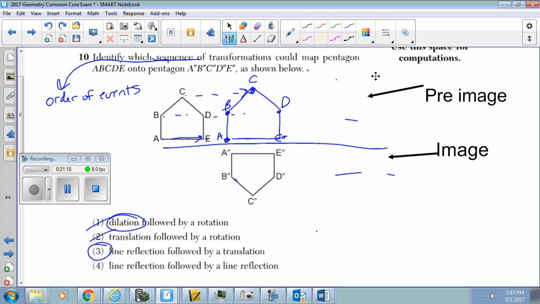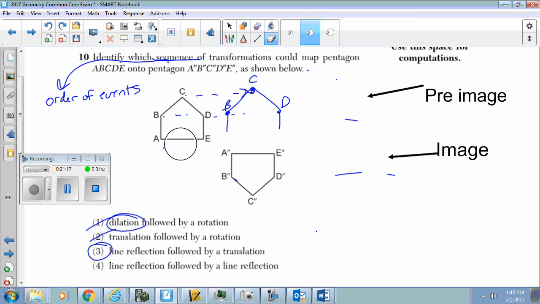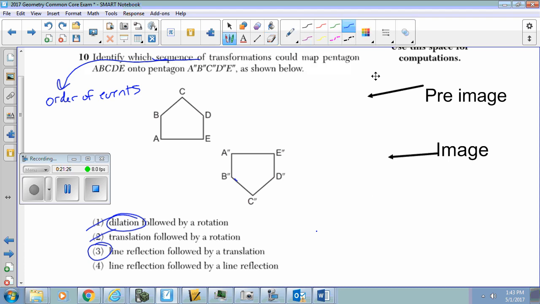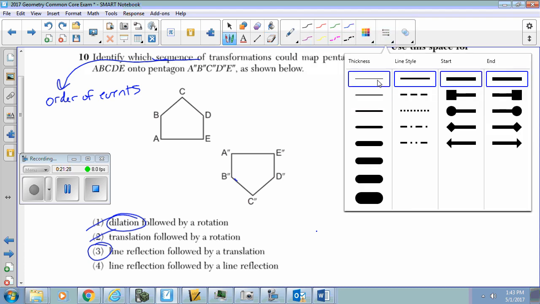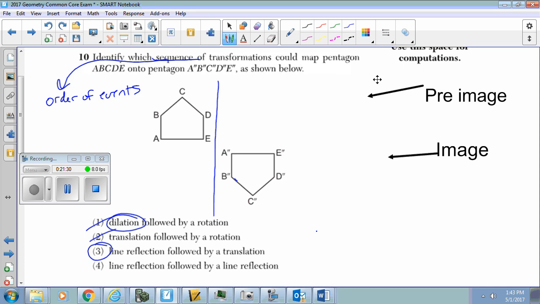All right, be careful, because if you did a line reflection followed by another line reflection, a lot of students will see it and they'll think, okay, it should be a line reflection followed by another line reflection. So let's just look at that and see if that could be possible. So let's just say you reflected this shape.